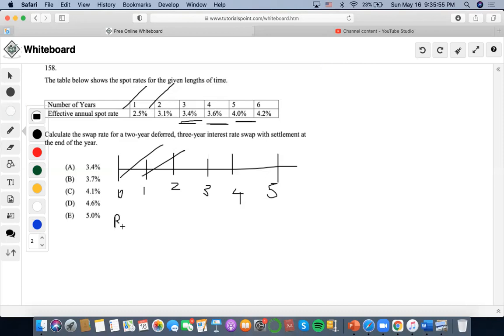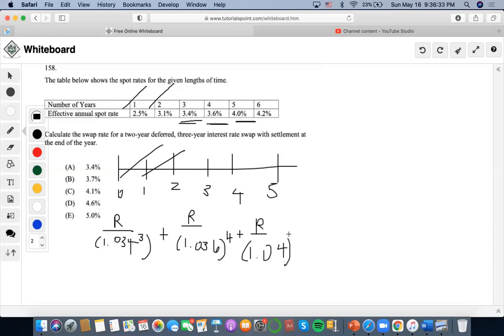For R, we'll just put it over 1.034 to 3, plus R over 1.036 to the 4, plus R over 1.04 to the 5, right?